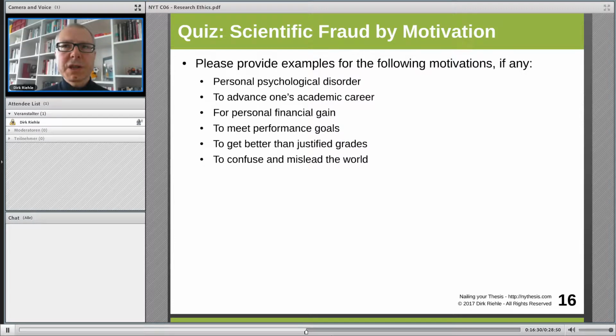Other motivations are to advance your career, for financial gain, to meet performance goals put upon you, to get better than justified grades from your actual work, or to confuse and mislead the world.